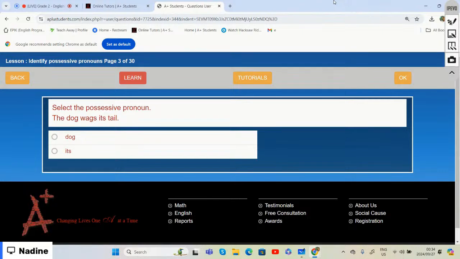The dog wags its tail. So it's dog, option one, or its, option two.